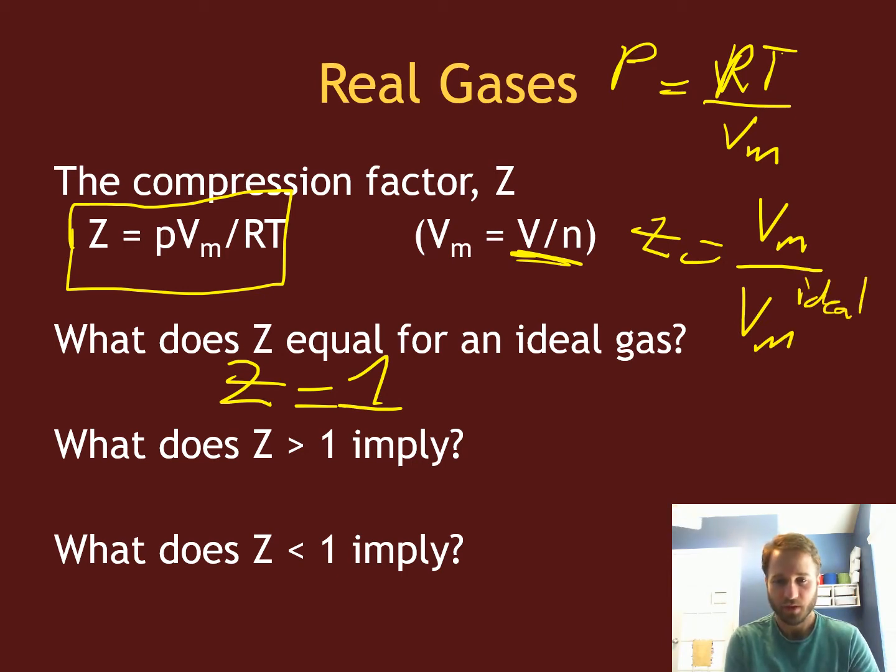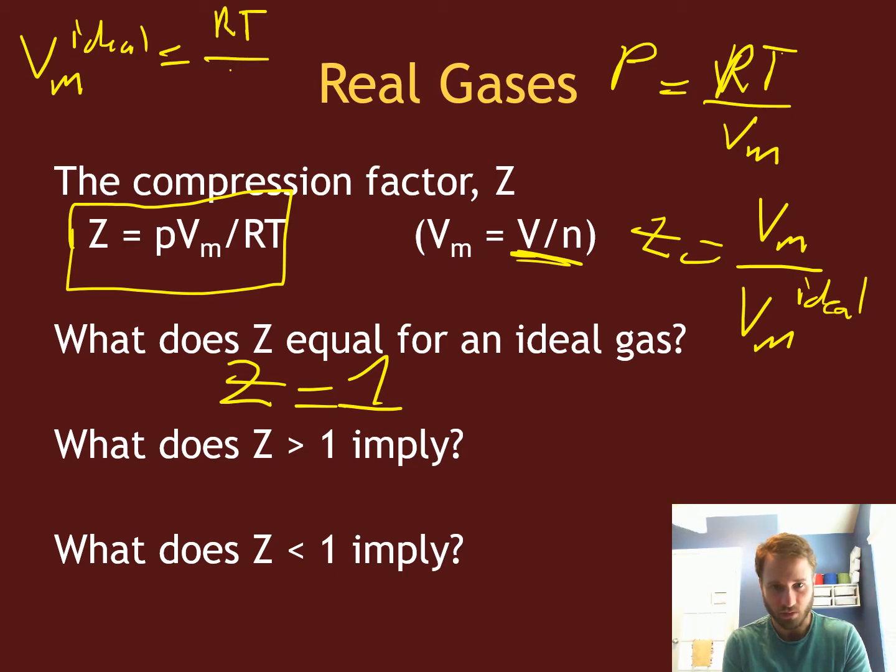The molar volume of an ideal gas is equal to RT over P, just using the ideal gas law. So if I plug that into this equation, the compression factor Z is the molar volume of my gas divided by the molar volume of an ideal gas.